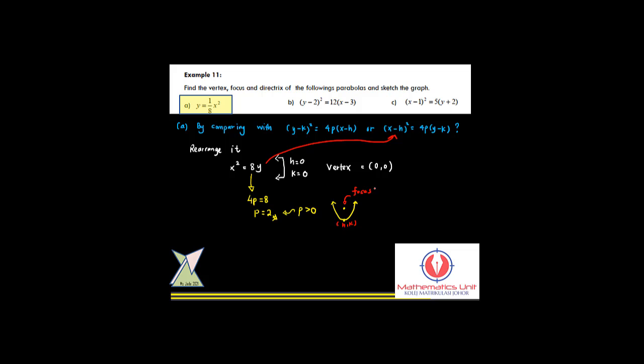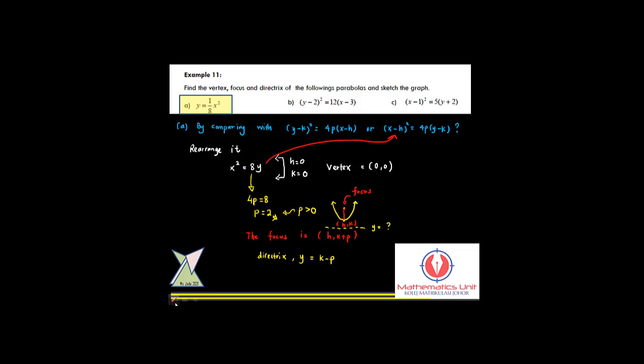Okay, this will be the focus, and the focus is a distance p away. Now take a look: between the vertex and the focus, the y coordinate is changing. Therefore, the focus is (h, k plus p). At the same time, the given straight line becomes the directrix, y equals k minus p.